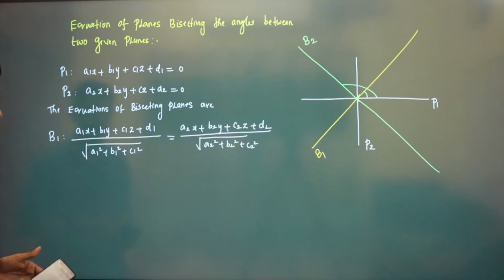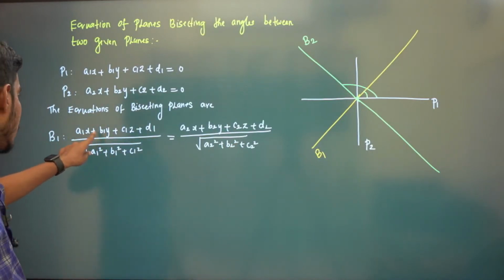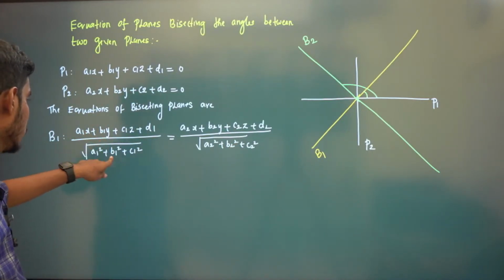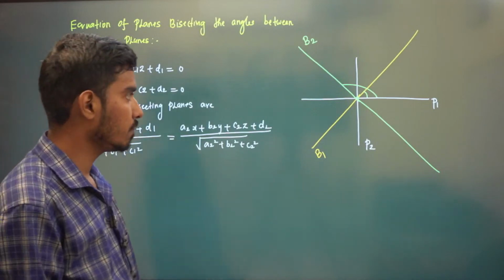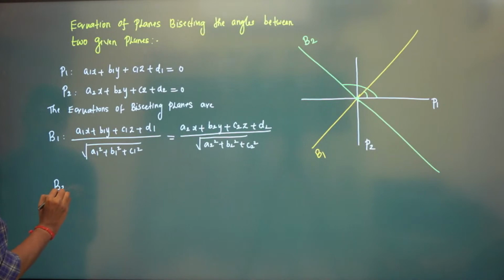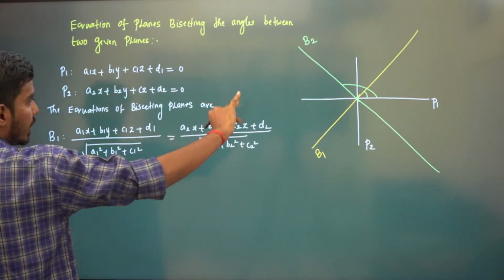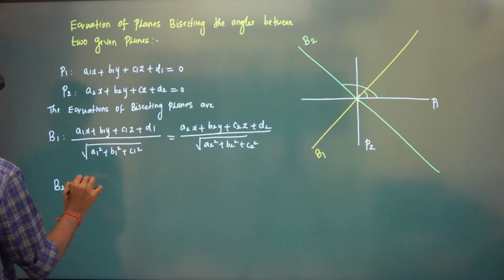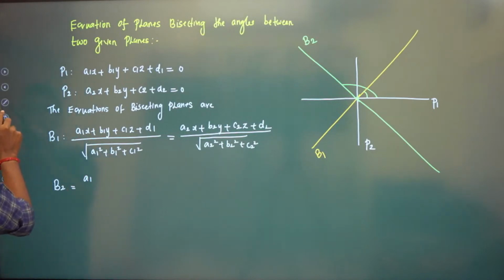So you just have to divide by its direction ratio square root. You will get the equation of B1, and similarly the B2 equation is nothing but minus of that.